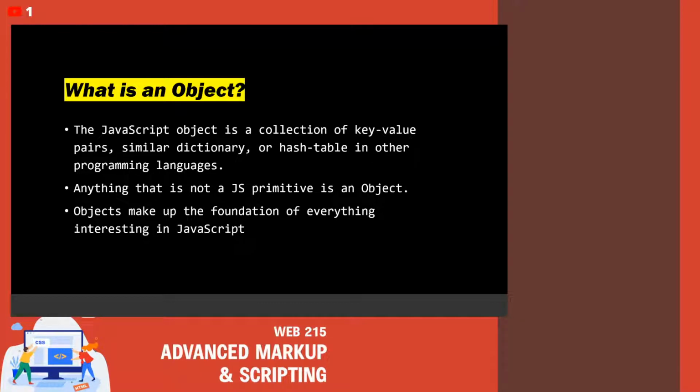Now, one of the interesting things is that anything that's not a primitive in JavaScript is an object by default.